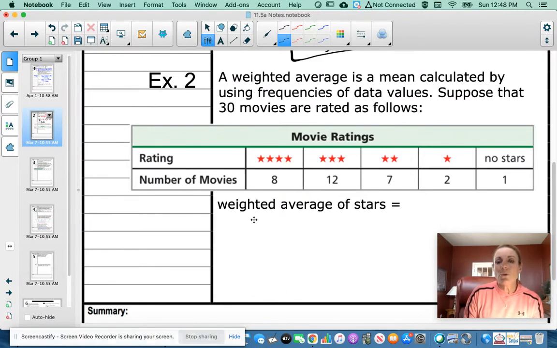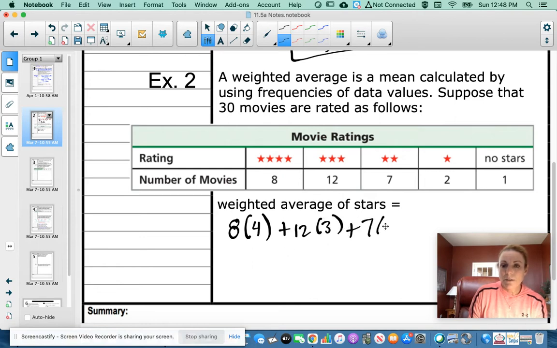Example 2, a weighted average is a mean calculated by using frequencies of data values. Suppose that 30 movies are rated as follows. So 8 movies have a 4-star rating, 12 have a 3-star, 7 have a 2-star, 2 have a 1-star, and 1 movie has no stars at all. Find a weighted average. How do we find a weighted average? We take the number of movies, which is 8, and weight them with their rating. 12, 3, 7, 2 stars, 2, 1 star, and 1, no stars.